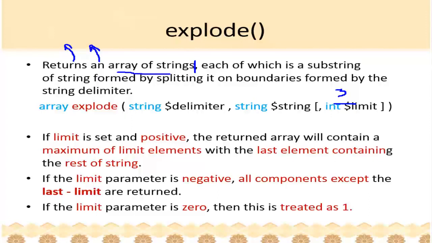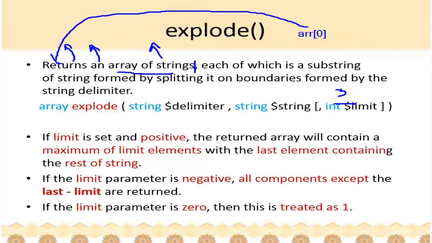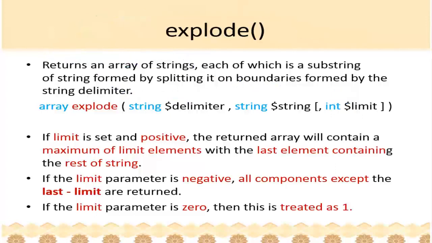The remaining string will go to array of 3. So array 3 will contain the remaining element. So this is what is specified. The last element will contain the remaining string.